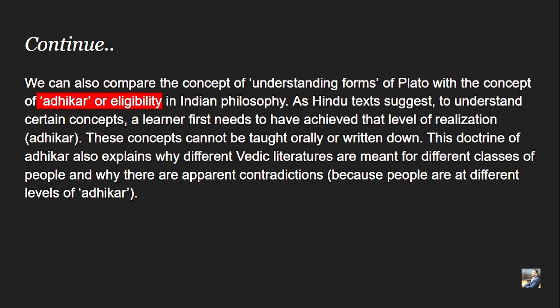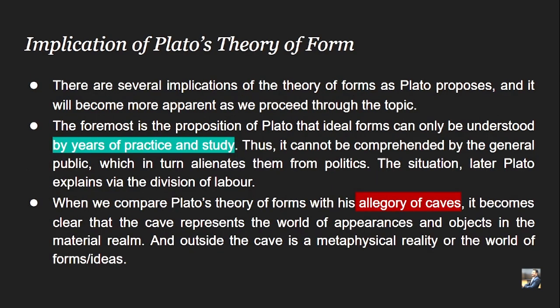So this is the relevance in the Indian arena, which can be connected via Plato's theory of forms. You can mention these connections or anecdotes in your answers, and it will give a good essence of quality to your answer, guys.